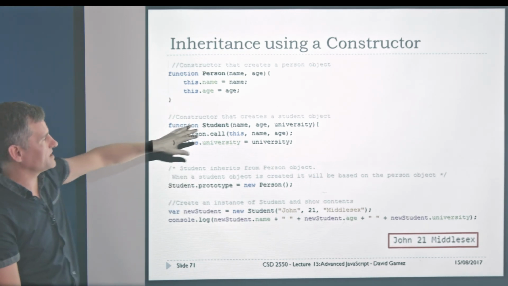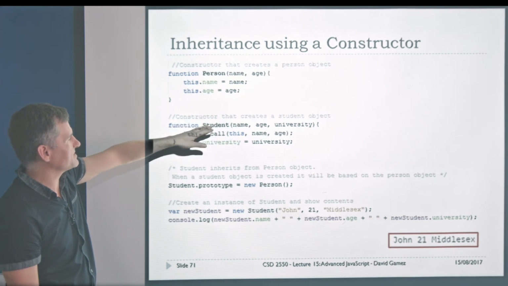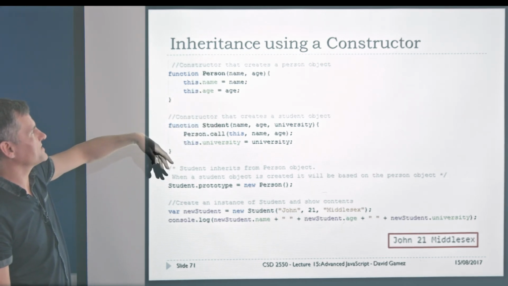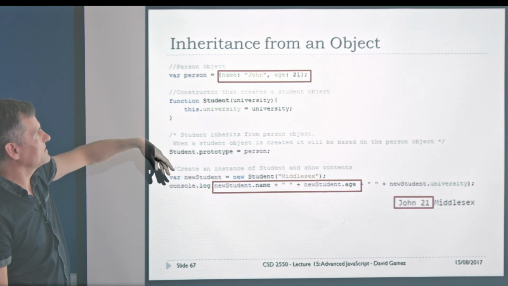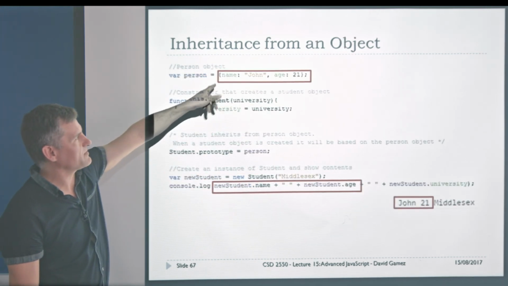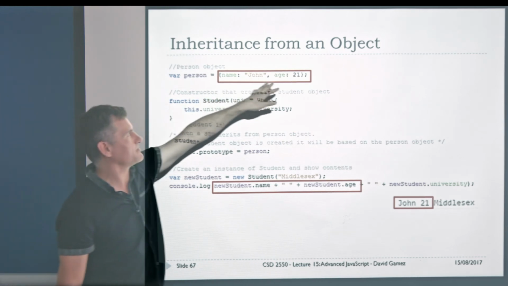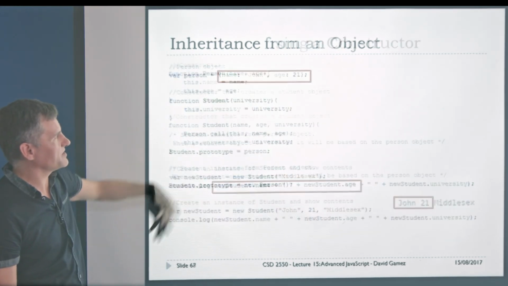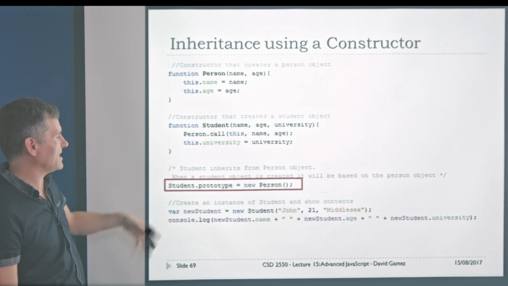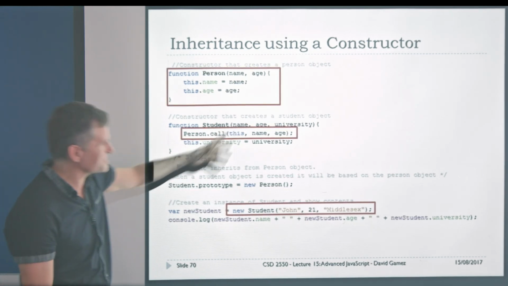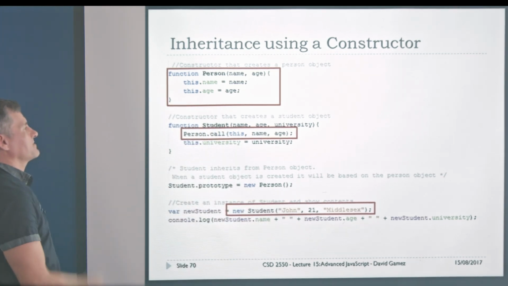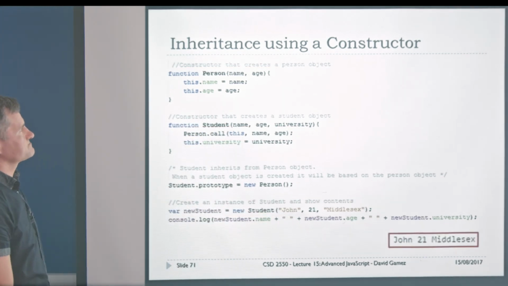So in this case, we're initializing the parameters or variables of the student and the person, which you can't do in this other way, because when we're basing it on an ordinary object, we've got no way of setting up. These are just set up. This will always be John and 21 because we're not initializing it in any way. But if we're doing this person call stuff, we can then specify the name and the age of the person that we want to build as our student.